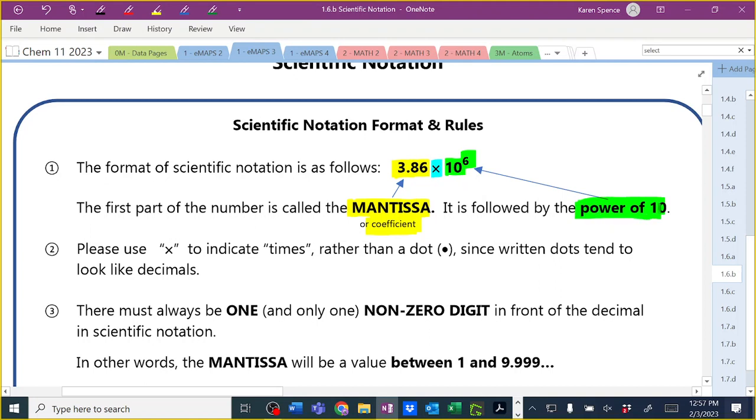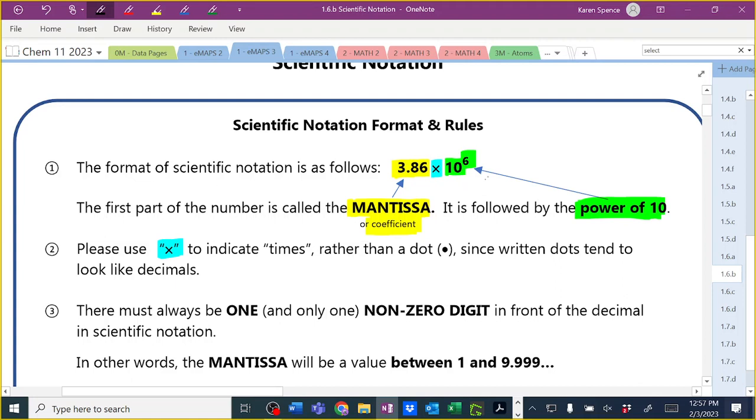When you are writing this, please use a times sign and not a dot to write your scientific notation, because dots, depending on who's writing them, have a tendency to look like decimals, okay? And sometimes I have difficulty telling what students mean if they use a dot, okay?